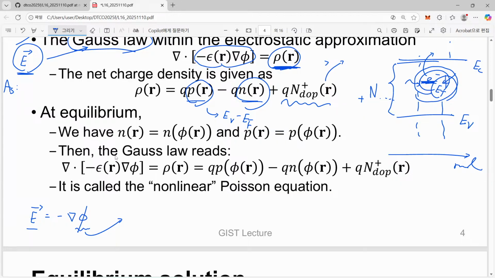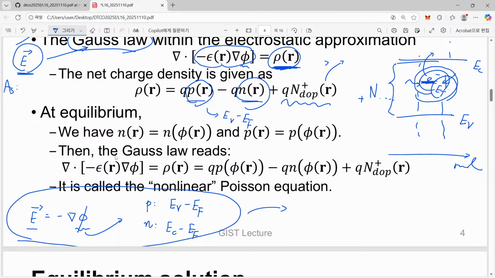Also, we have seen that hole density is given by the valence band maximum minus EF, and EC minus EF determines electron density. So combining them all, we must find a closed solution of this Gauss law.